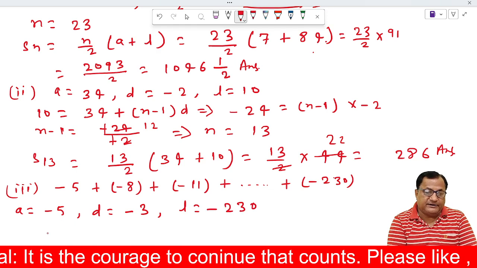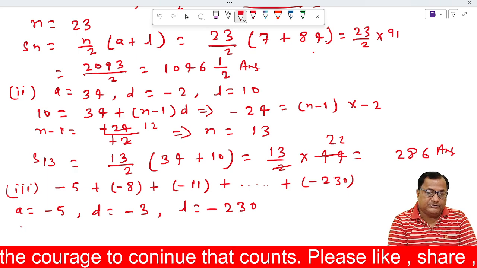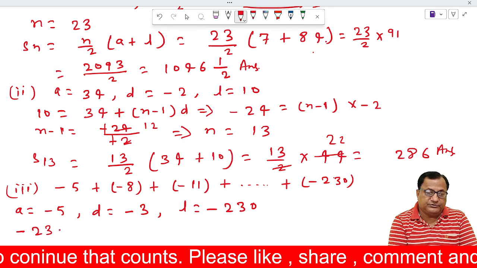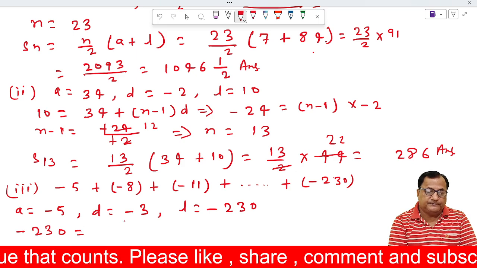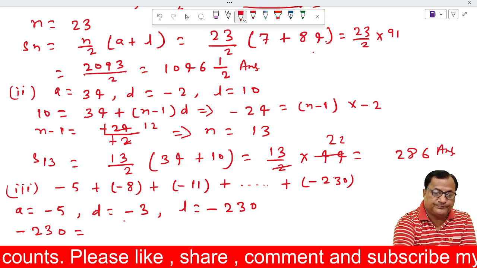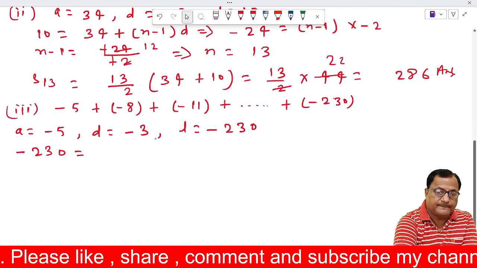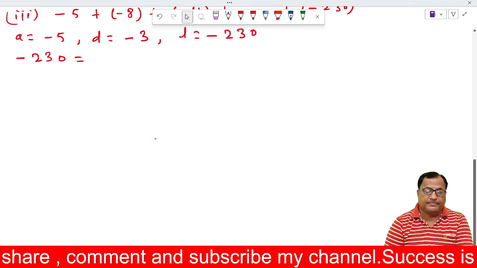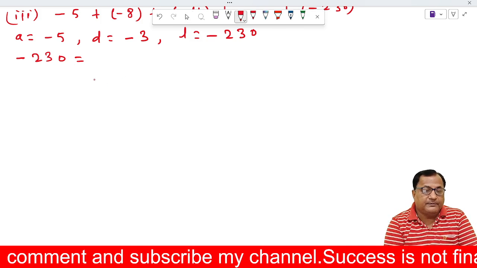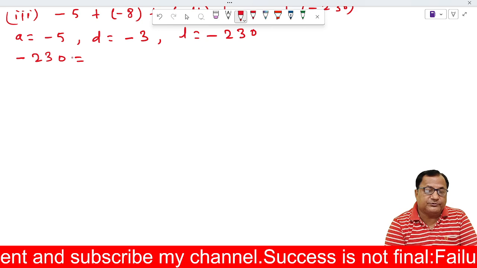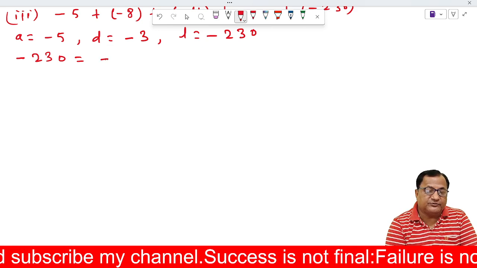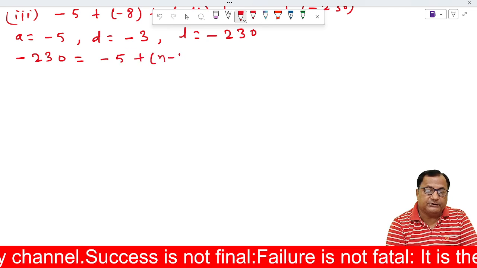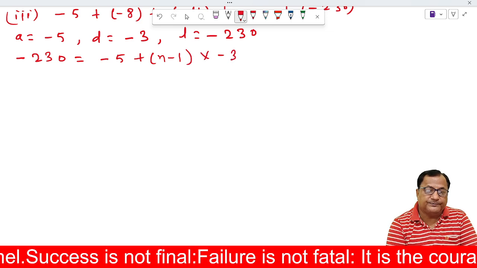So first we will find N. So minus 230 is equal to A, which is minus 5, plus N minus 1 into D. D is minus 3.